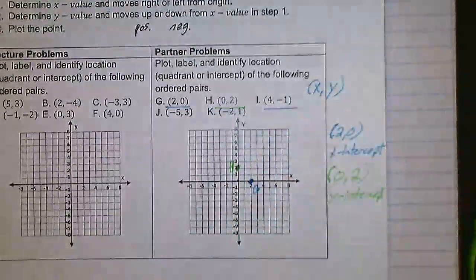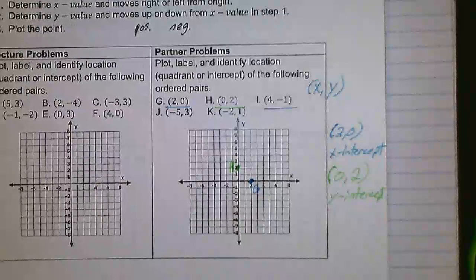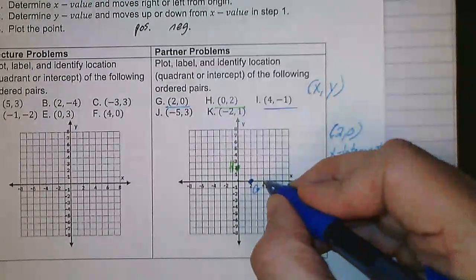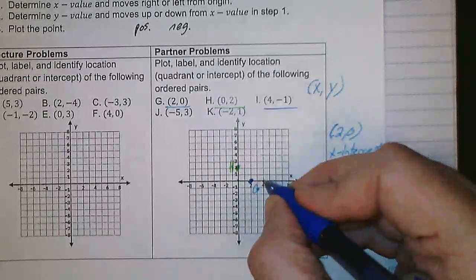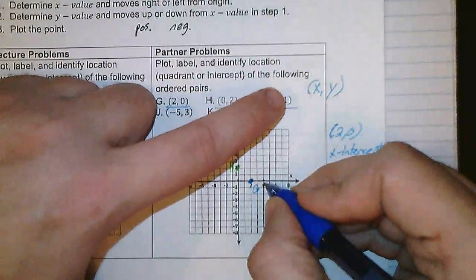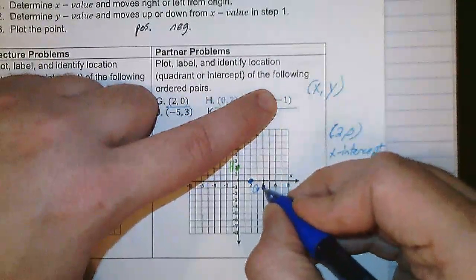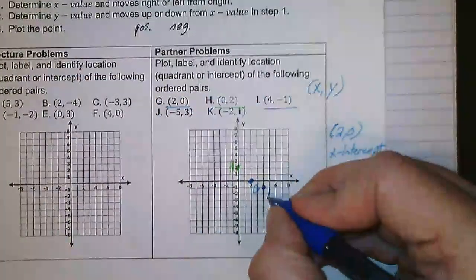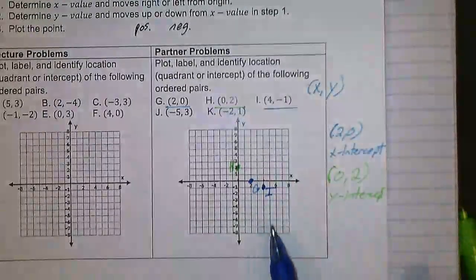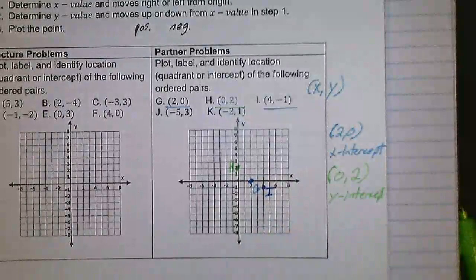Let's take a look at the rest of these points. (4, -1) for point I means I move out 4 units to the right from the origin because 4 is a positive number, and then move down 1 in the negative direction for point I. So again, a positive x, a negative y is in quadrant 4.